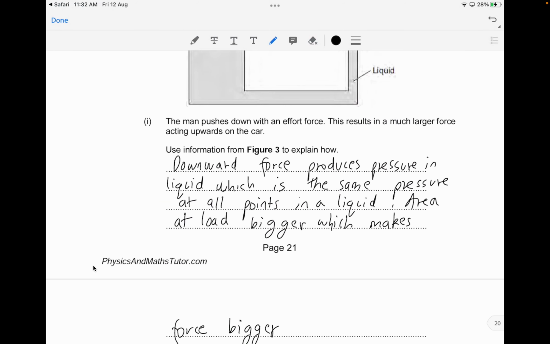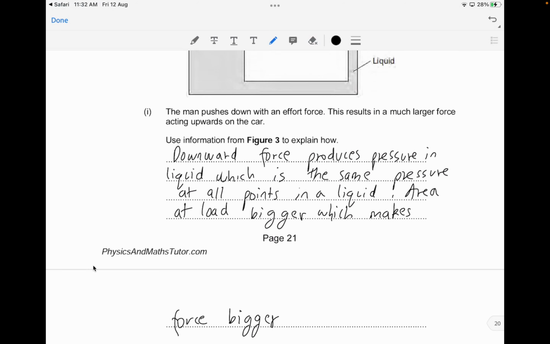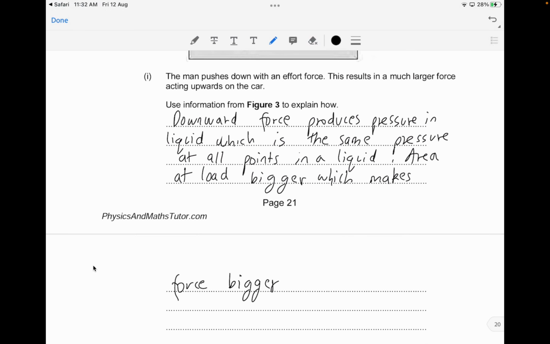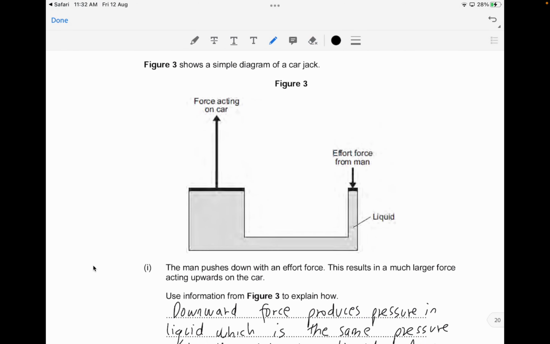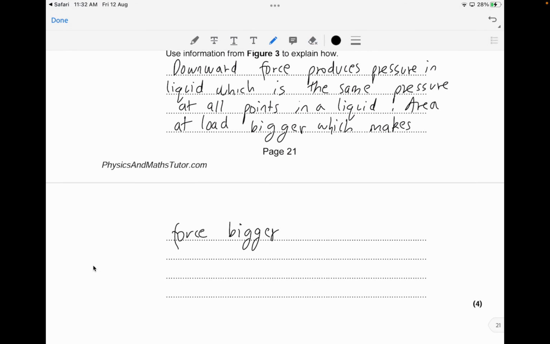You're going to say that the area of the load, which is bigger, is going to make the force bigger as well. For 4 marks, you have to state 4 good reasons why, as the man pushes down with effort force, it results in a larger force acting upwards on the car.